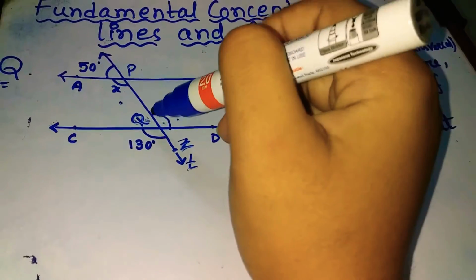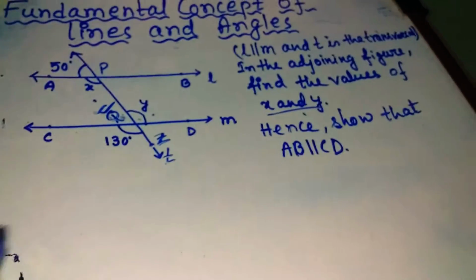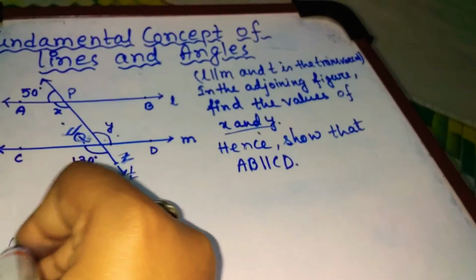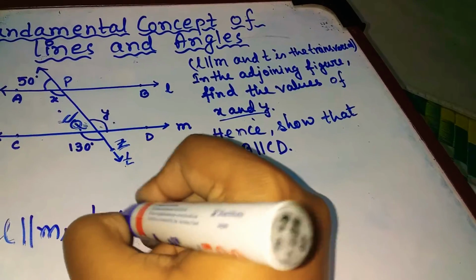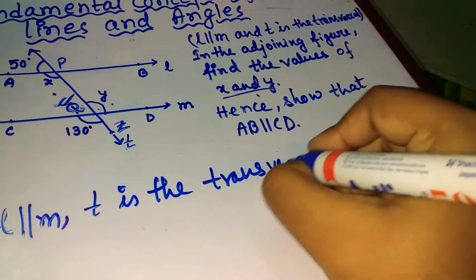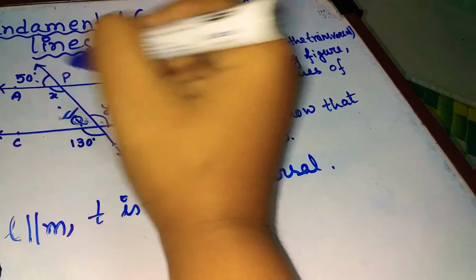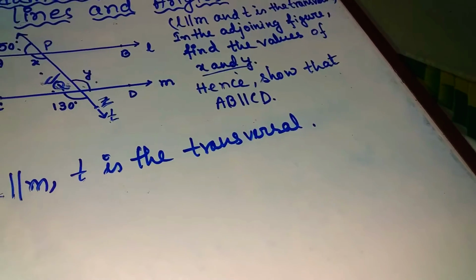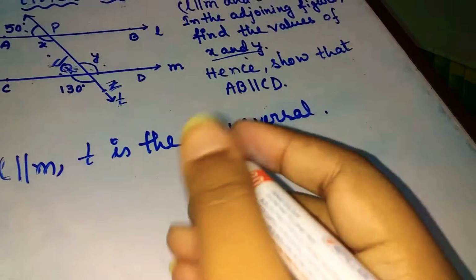So for proving that, first we have to find this angle. Now if L is parallel to M and T is the transversal, then this angle and this angle are corresponding angles, and we know the corresponding angles are equal.